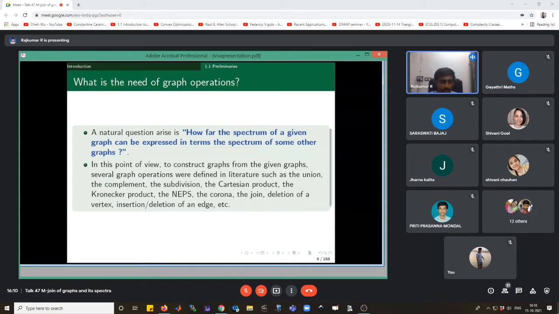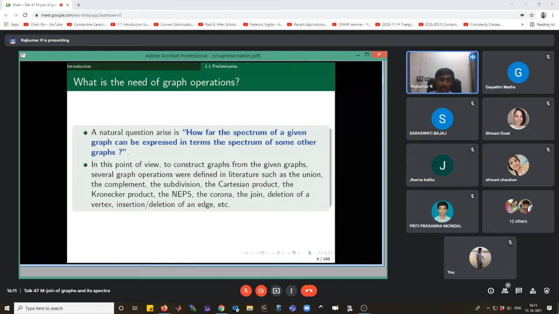From the spectral graph theory point of view, suppose a given graph can be constructed using some graph operations. Then one can ask how far the spectrum of the given graph can be expressed in terms of the spectrum of the constituting graphs. This is a very fundamental question.